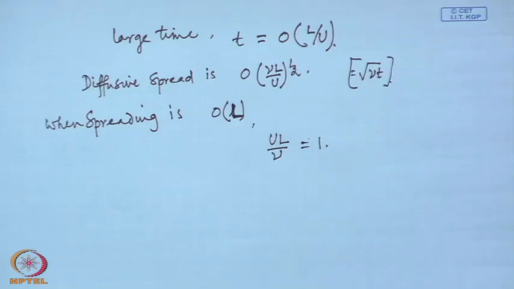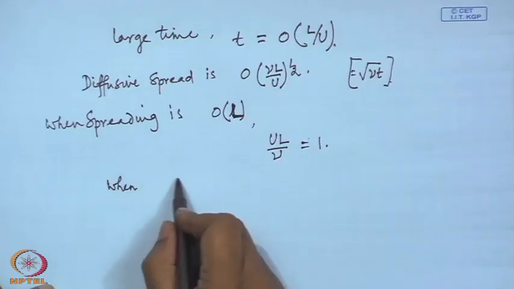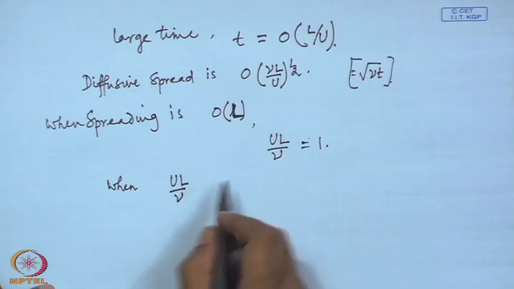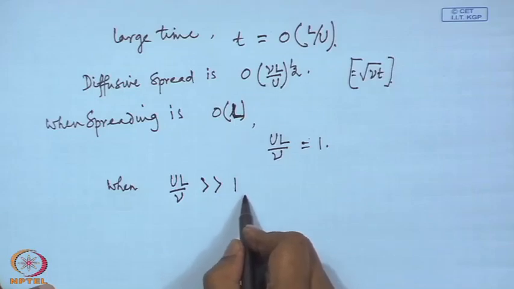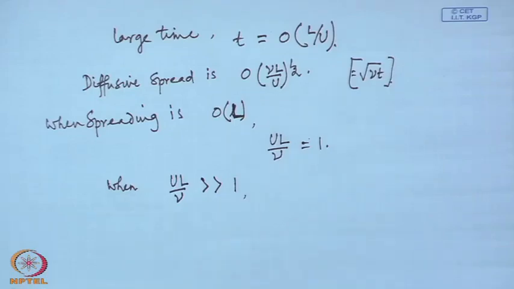And if U L by nu is much larger than 1, spreading is very small, infinitesimally small.